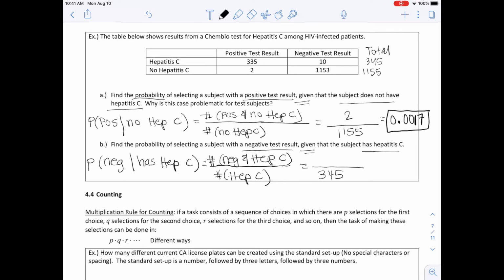The total number of people that have a negative test result and have Hep C is 10. Dividing this out, and again rounding to 4 decimal places, we get 0.0290.